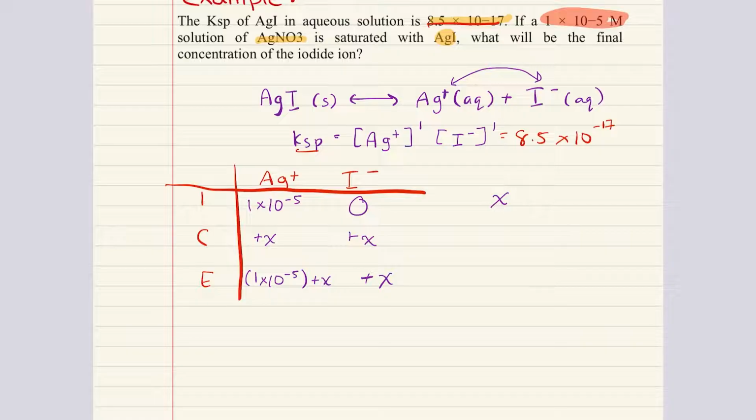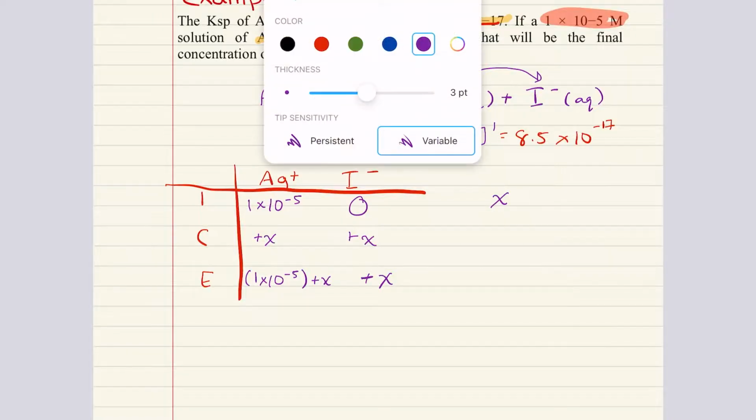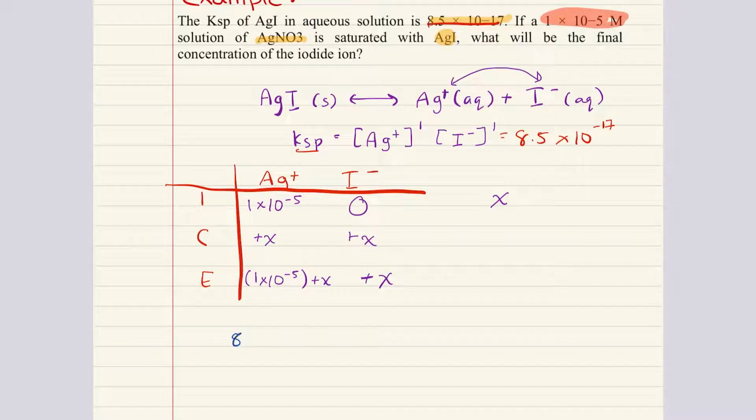Now we can take these and plug them back into our KSP expression. 8.5 times 10 to the minus 17 is equal to 1 times 10 to the minus 5 plus x, multiplied by x.